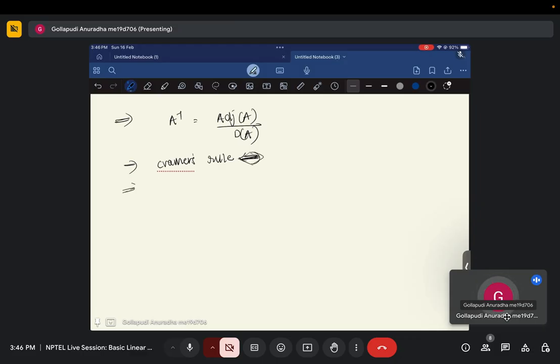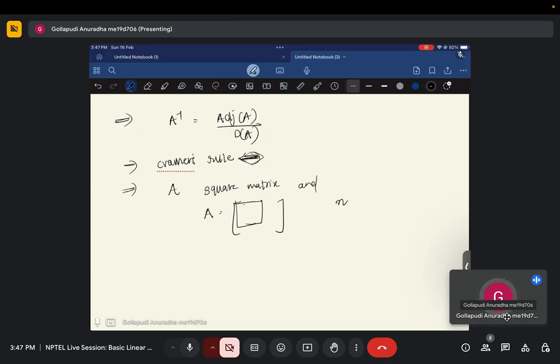And one more thing: if you have a square matrix A and you want to find its rank, first you try to find the rank of the whole matrix. If it is a full rank matrix, the rank will be the size. If it is not, then you find a submatrix.